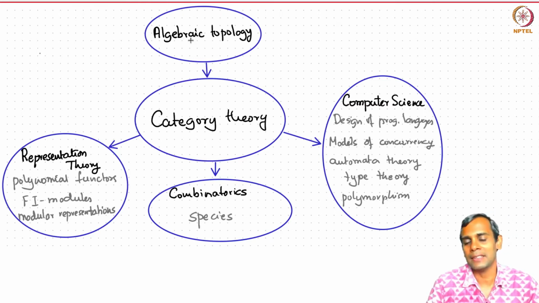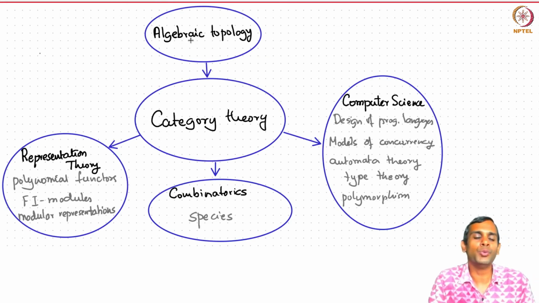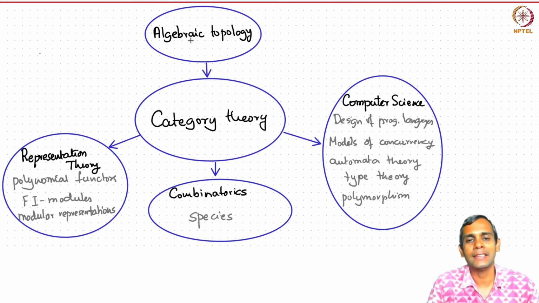In computer science, there's been a flurry of activity involving category theory. Category theory has been used for the design of programming languages, models of concurrency, automata theory, type theory, polymorphism, and so on.